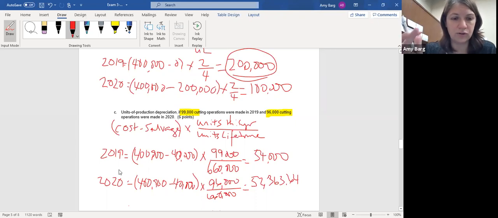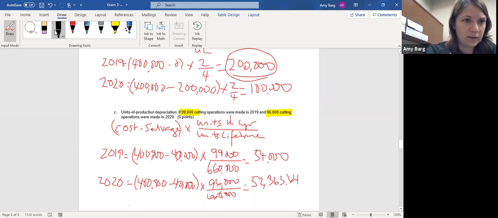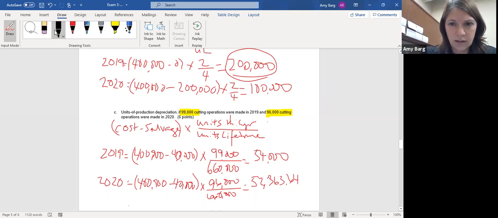You're figuring out what the machine is kind of like worth. And then if you divide by the units per lifetime, so for this example, it's 400,000 minus the 40,000 divided by the 660,000.